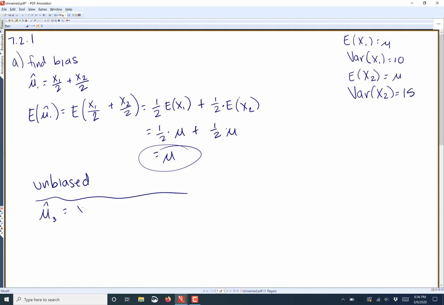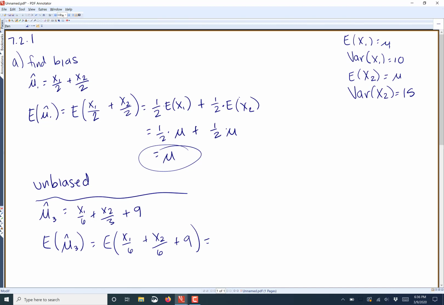Our third estimate is x1 over 6 plus x2 over 3 plus 9. So the expected value of our third estimate, mu hat 3, is going to be the expected value of this x1 over 6 plus x2 over 3 plus 9.